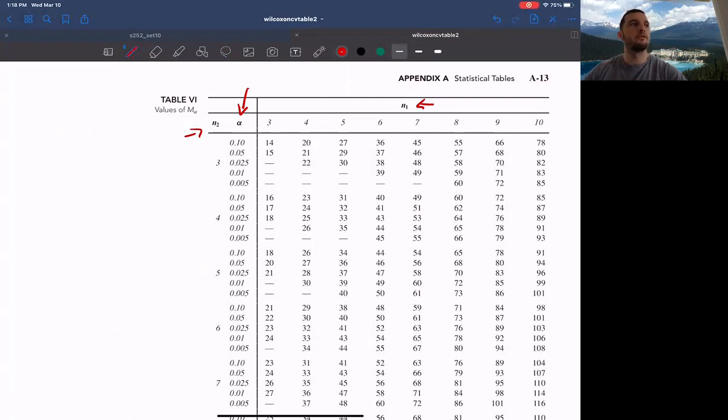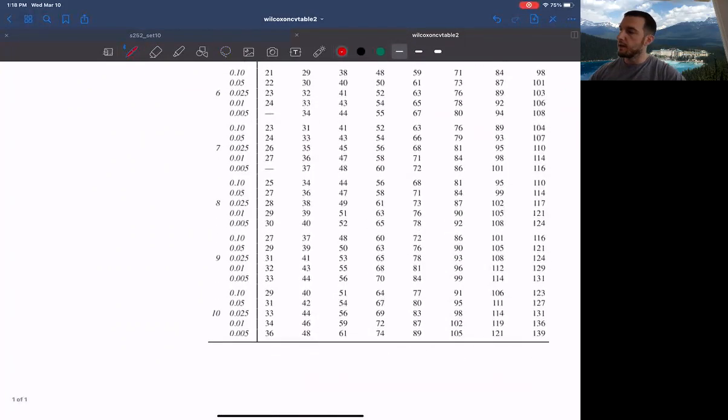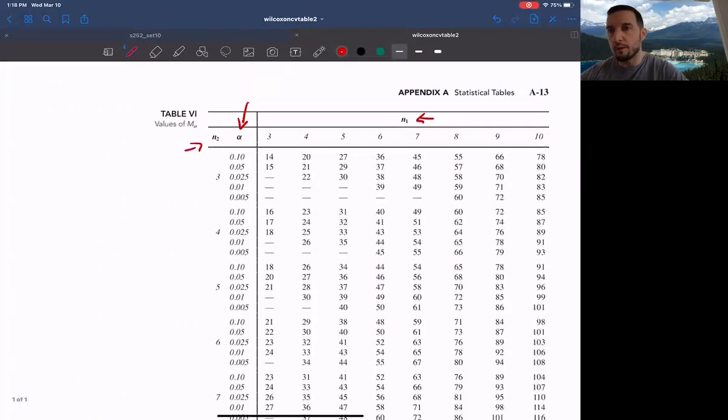Now, one of the obvious constraints here is that the table only gives us up to a value of 10 for n1 and for n2. And the table forces a minimum sample size of 3. But this is a reasonable restriction, because if you think about a sample of data, if you have less than 3 observations, you don't have enough information to compute variance.